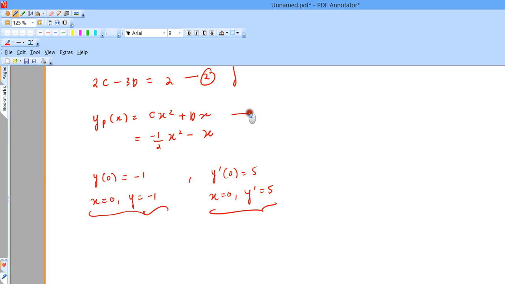So differentiate y p, we get y prime p(x) equal to 2cx plus d. We don't need to differentiate the general form, just differentiate negative 1/2 x squared, so you get negative x.